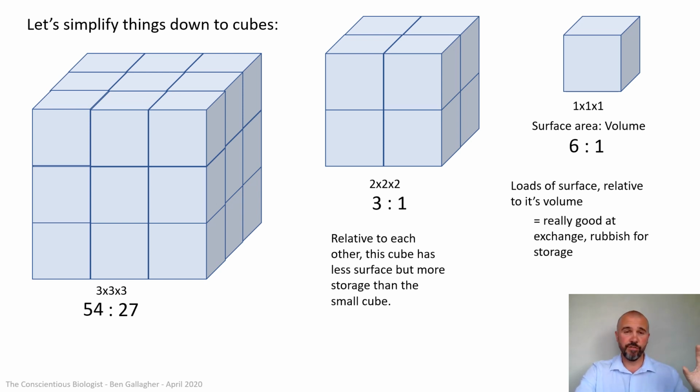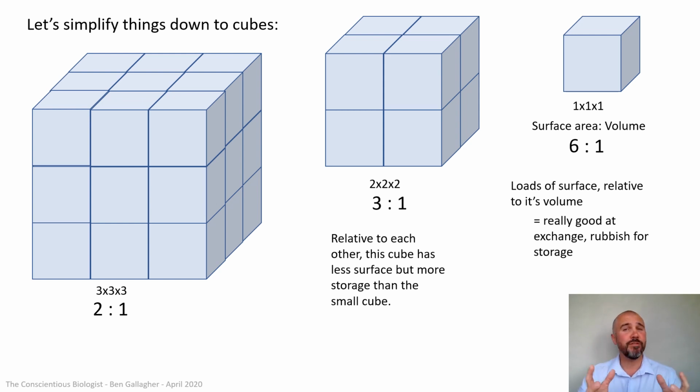So now that's 54 units of surface, huge amounts of surface, loads of exchange can go on. But you've now got loads of space inside, well away from that surface, where exchange can't happen. Let's simplify that 54 to 27. You might be able to work out very quickly, 27 goes into 54 twice. So we've now got a surface area to volume ratio of just 2 to 1.